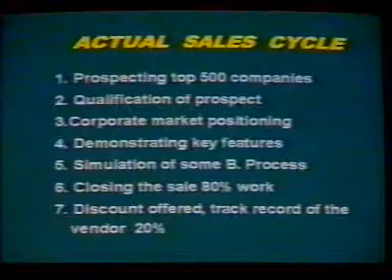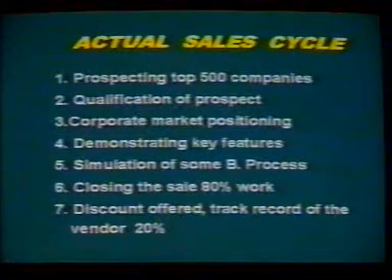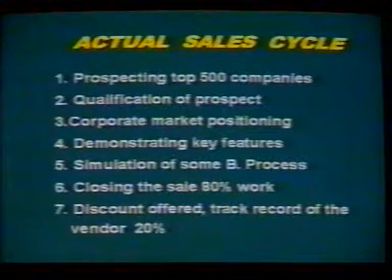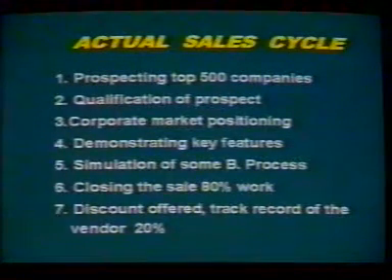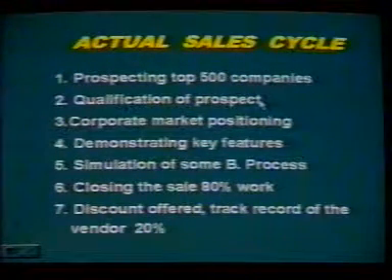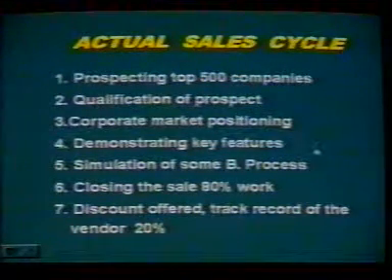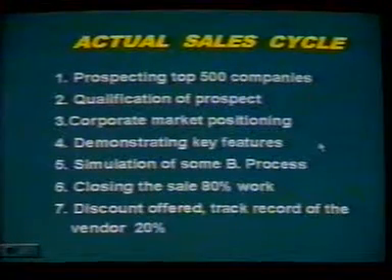Now, the actual ERP cycle consists of 7 parameters. First of all, the vendor should prospect top 500 companies in a given geographical location who have the potential to implement ERP. Then the qualification of the prospect, the company which is interested in buying the package. Corporate marketing position, market position, demonstrating the key features.